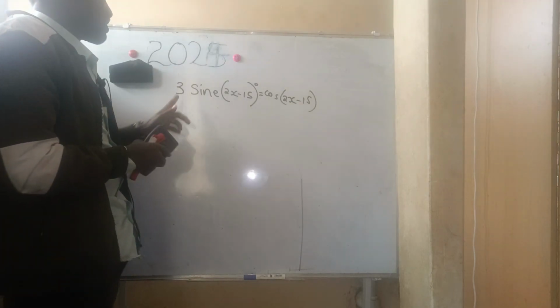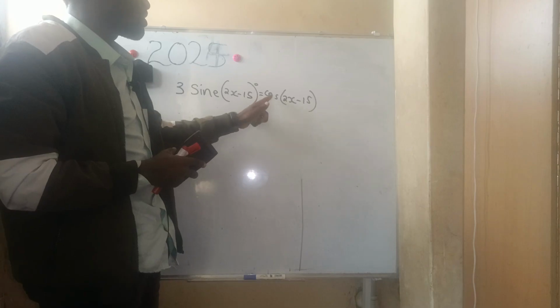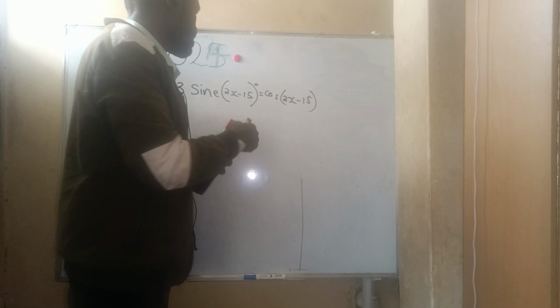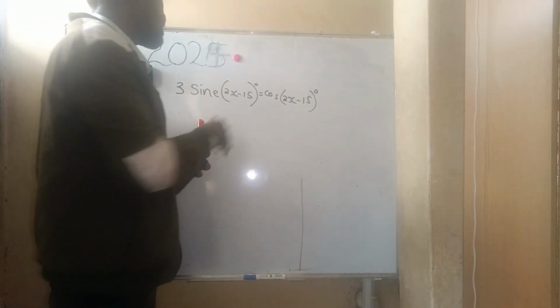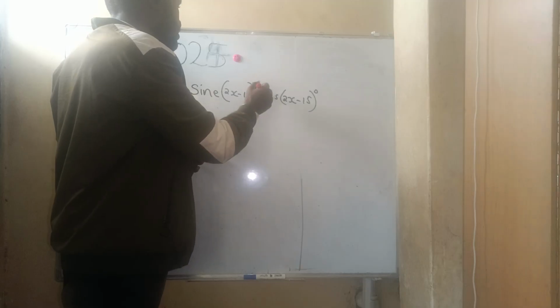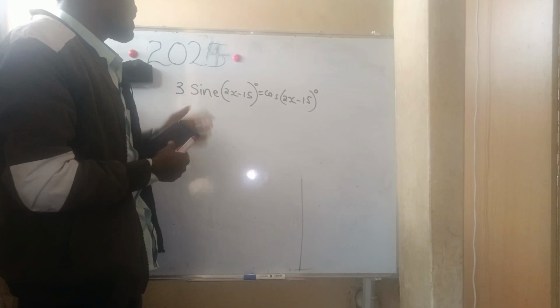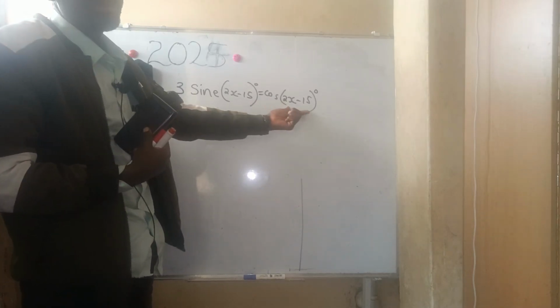So 3 times the sine of this angle must be equal to the cosine of this angle. If I look at this question, I have realized that the angles on either side of the equal sign are the same. But 3 times the sine of this value must be equal to the cosine of the same value.